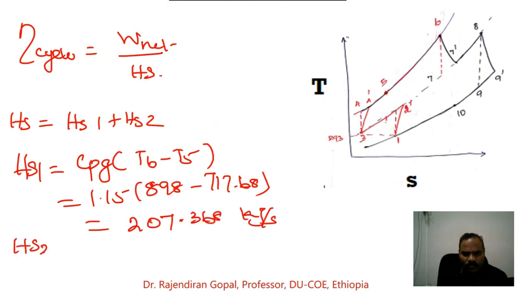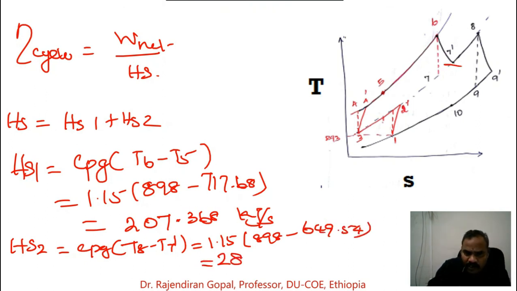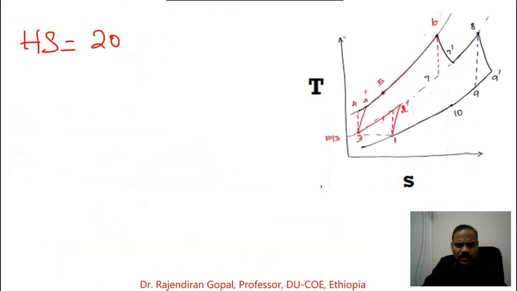Heat supplied 2 is equal to Cp of gases into T8 minus T7 dash, that is equal to 1.15 into (898 minus 649.54), that is equal to 285.73.